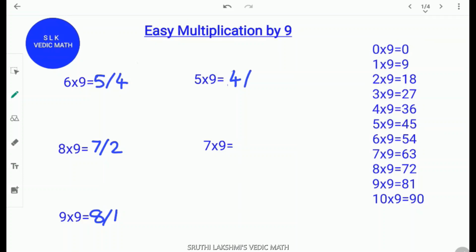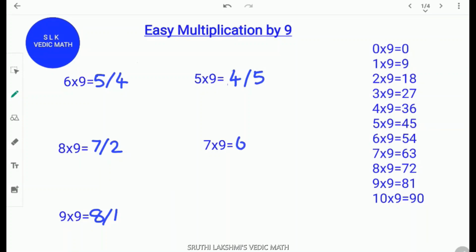Don't forget to put a slash. 4 plus what equals 9? 4 plus 5 equals 9. Write down the 5. 5 times 9 is 45. 7 times 9. 1 less than 7 is 6. Write down the 6 and don't forget to put a slash. 6 plus what equals 9? 6 plus 3 equals 9. Write down the 3. 7 times 9 is 63.